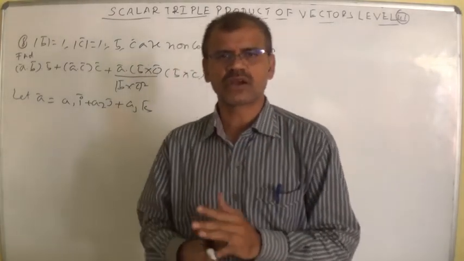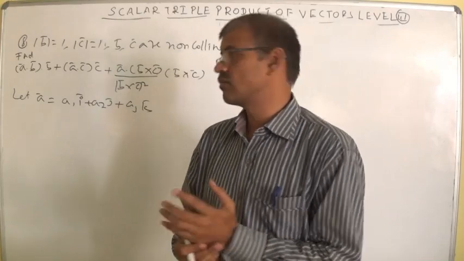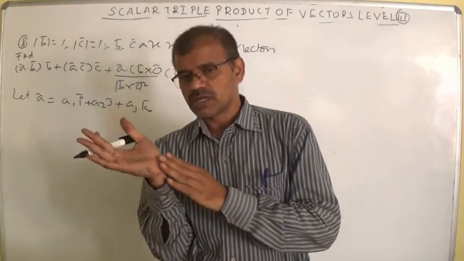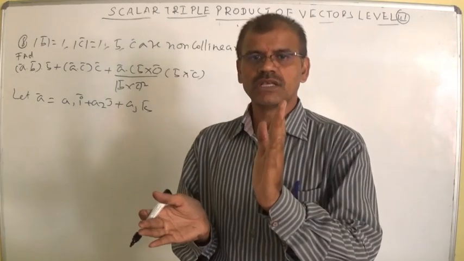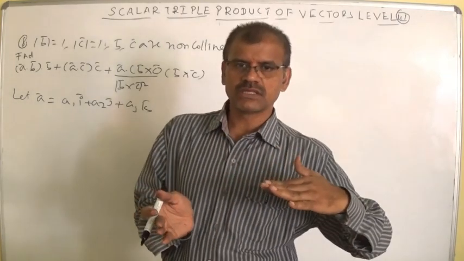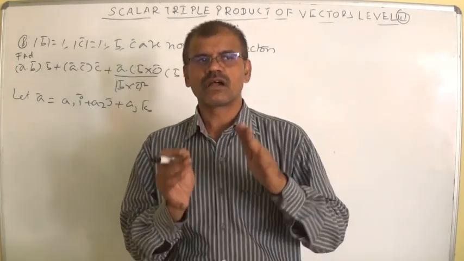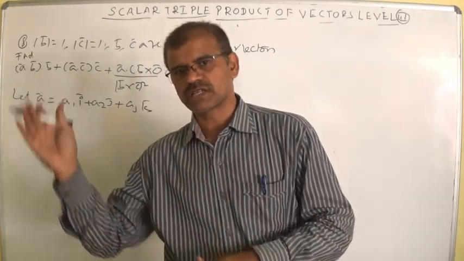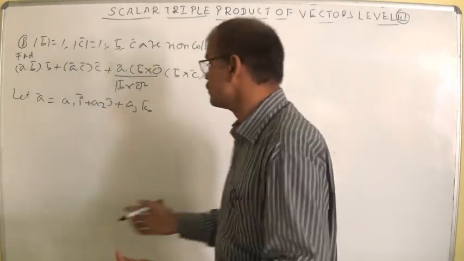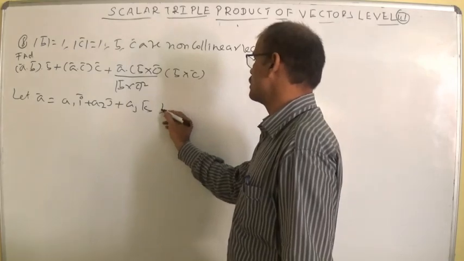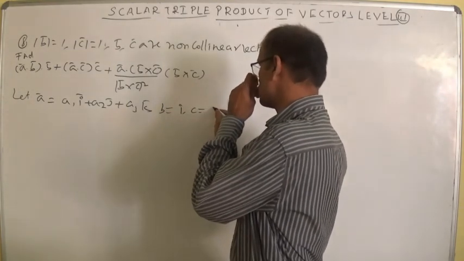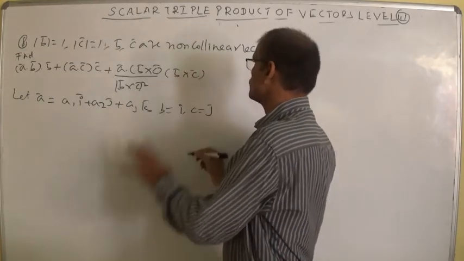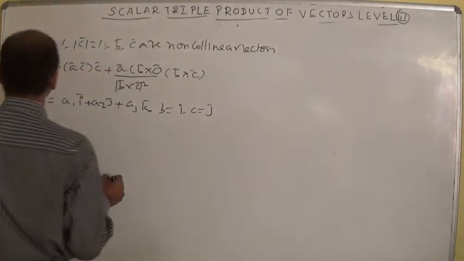Generally you can take the shortcut whenever vectors are given as non-collinear, because i depends upon the x-axis, j depends upon the y-axis, and k depends upon the z-axis. They are not at all collinear. This is a separate axis, this is a separate axis, this is a separate axis. Then you can write here B is equal to i and C is equal to j.